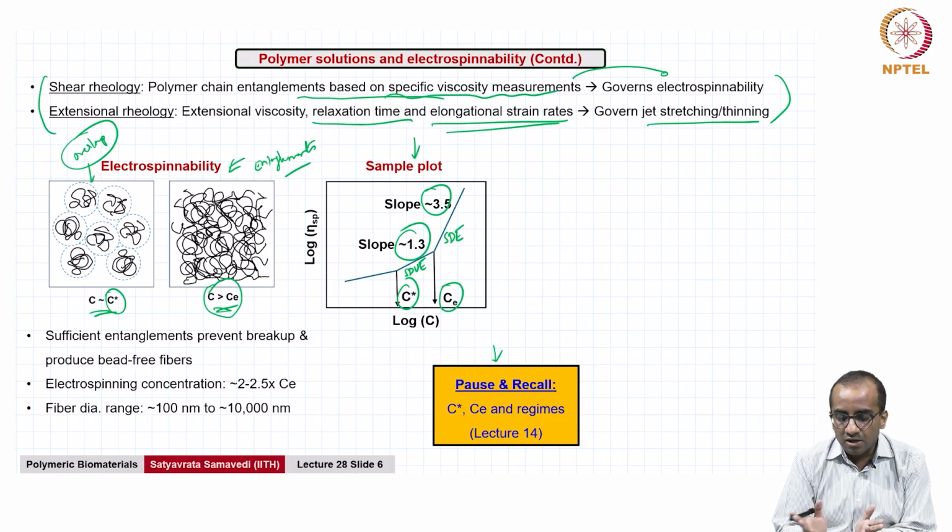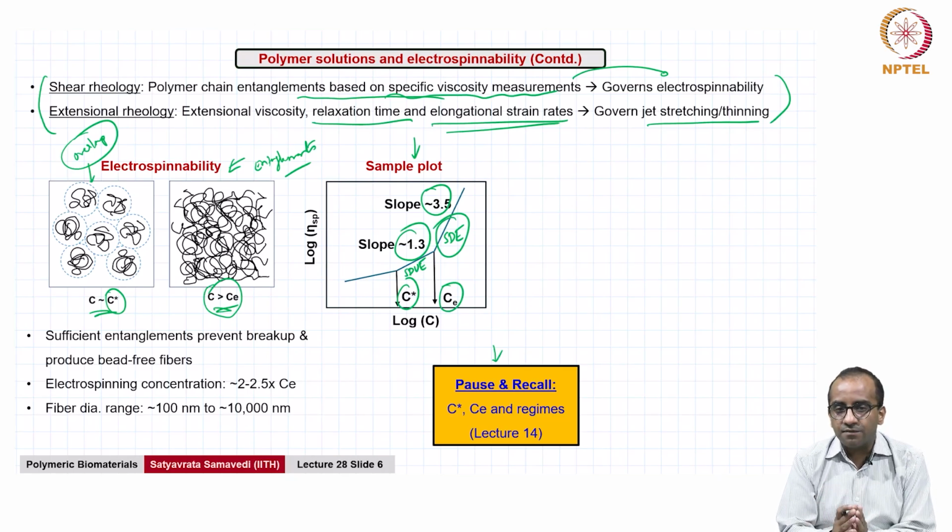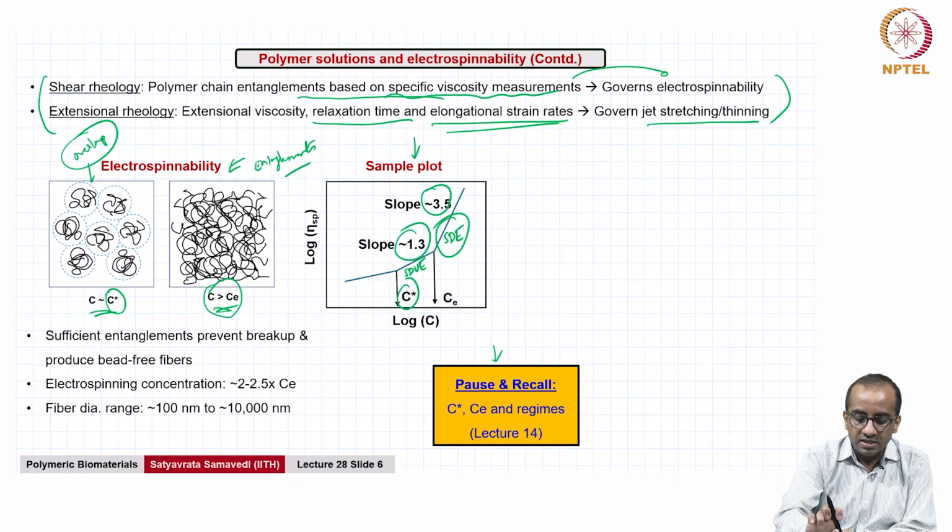Between C star and Ce, you are looking at the semi-dilute unentangled regime, where the slope will be about 1.25 to 1.4, and then it becomes 3 times or more in the semi-dilute entangled regime. That slope change is how you identify experimentally points such as Ce and C star.